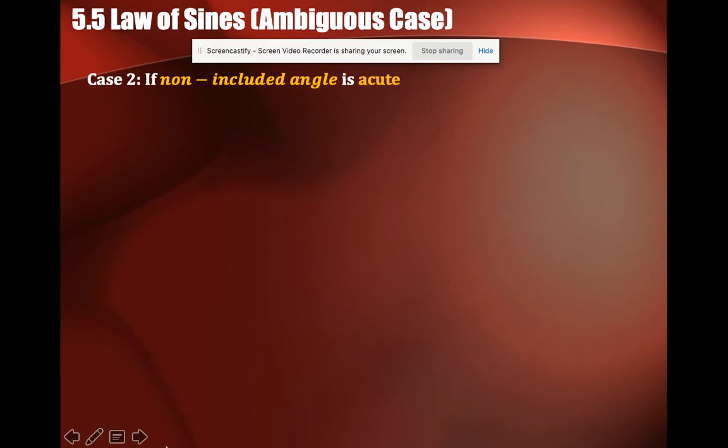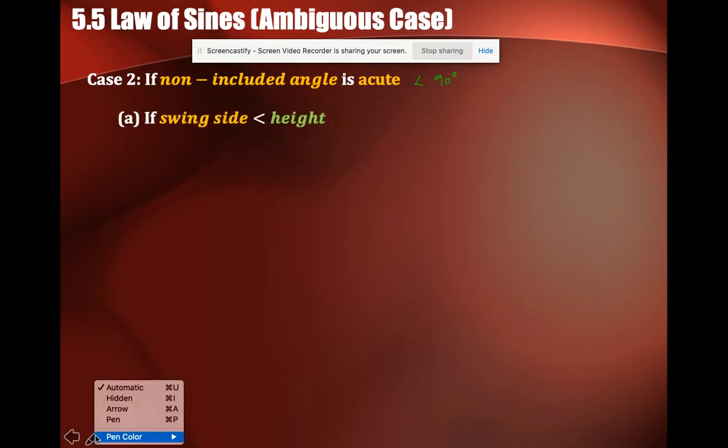But what about case two? What if your non-included angle is acute, right? And remember, acute means you are less than 90 degrees. This time I have to not compare to the connected. I'm comparing the swing side to the height. Remember that green line that I drew?